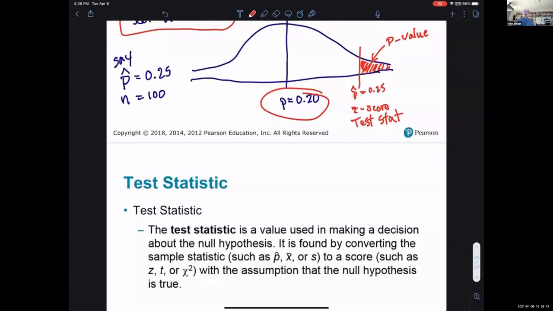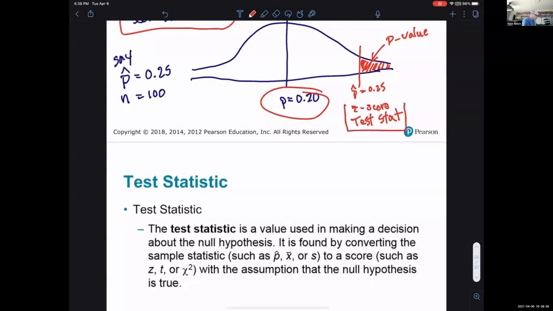It is found by converting the sample statistic, might be proportion, might be a mean, might be standard deviation, to a score, such as a z, t, or chi-squared score. So that's why up here I put that you would get this z-score for a test statistic, because for proportion samples, you get z-scores, with the assumption the null hypothesis is true.